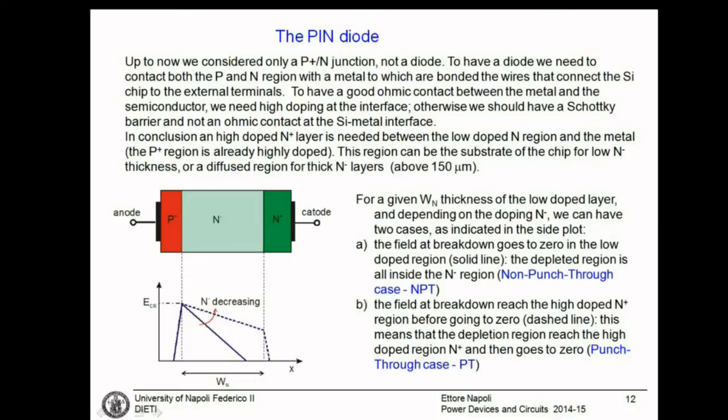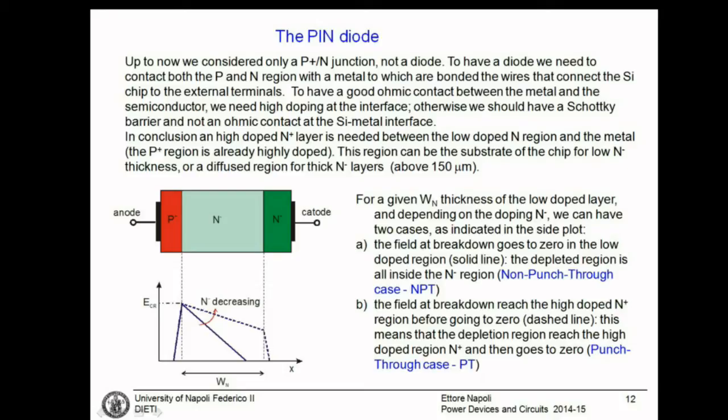It is clear that this depends on the thickness of this region, but also on the doping. You can increase the doping to reduce the thickness of the depleted region. The other situation is when, at the breakdown shown with dashed lines, the electric field does not reach 0 before reaching the N plus region. What happens is that when the electric field arrives here and you keep increasing the reverse voltage, the derivative of the electric field in the N plus region is much larger, and you have this sharp decrease of the electric field.